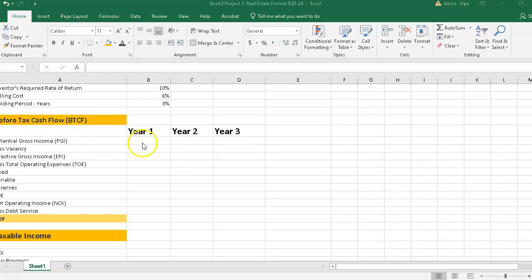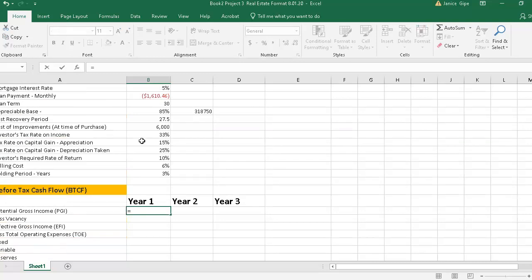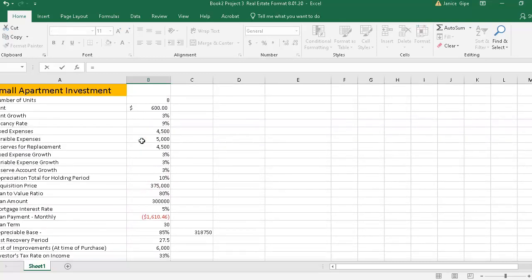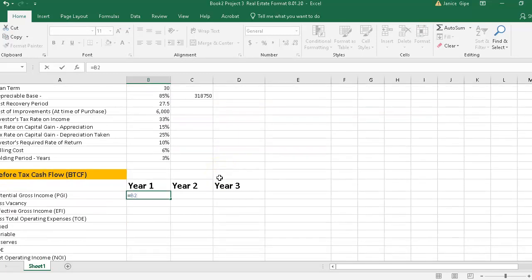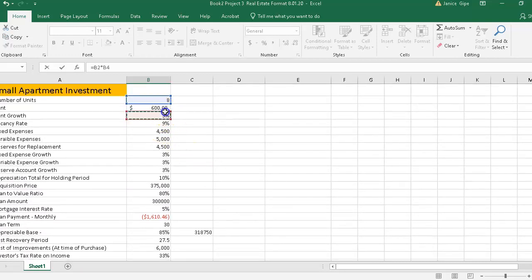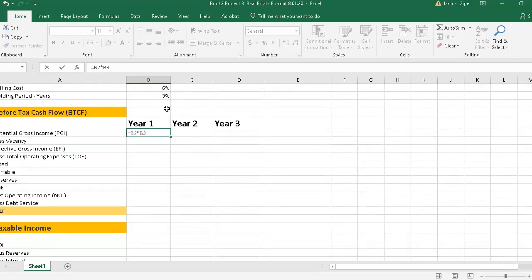So the first item we need to look at is the potential gross income, which you get by taking the 8 units times the $600 rent times 12.